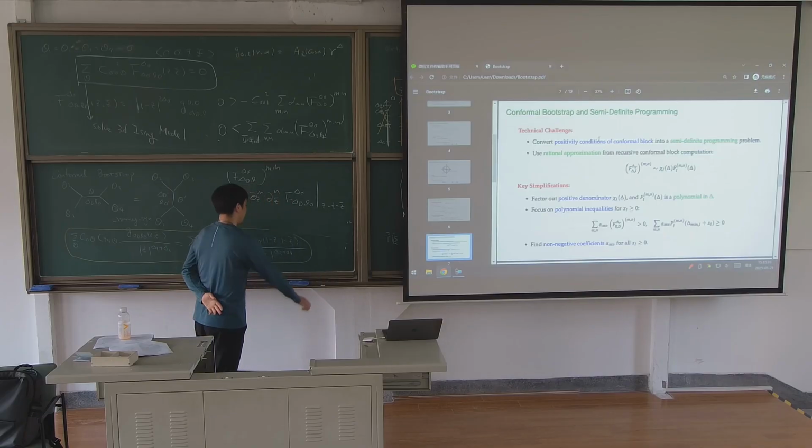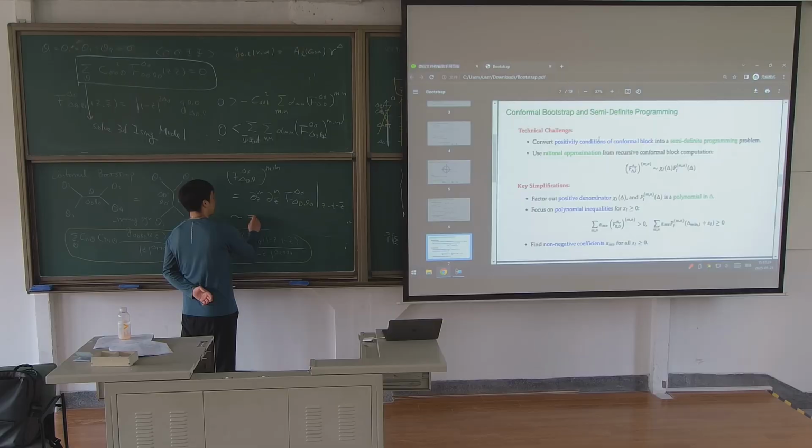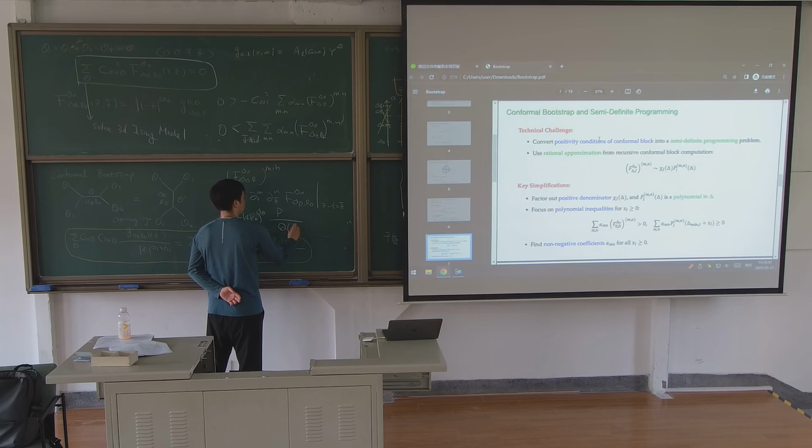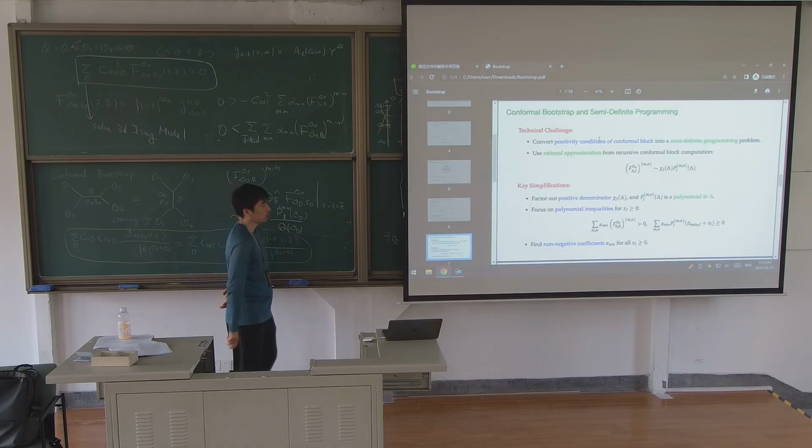This can take the following form: some number r star to the delta O times a polynomial divided by q, sigma O, and this is mn and l, like this.